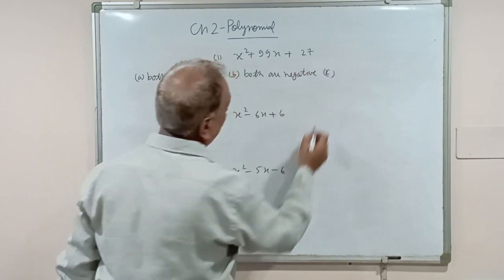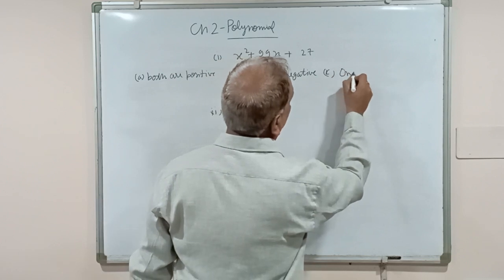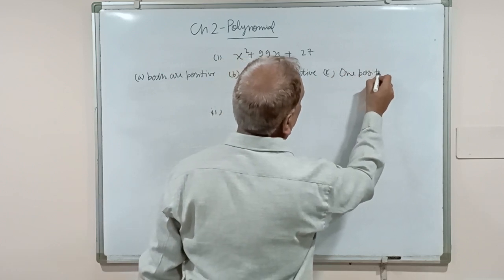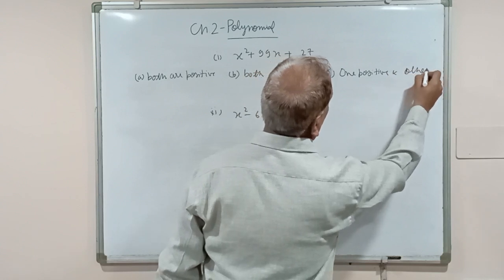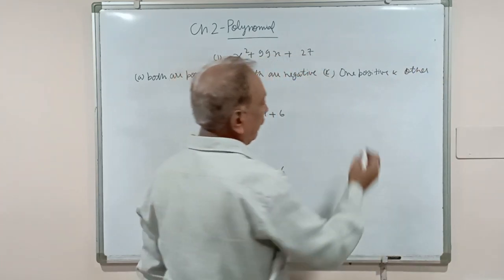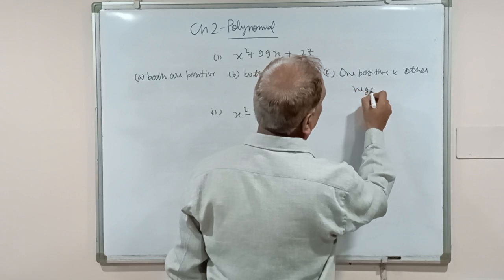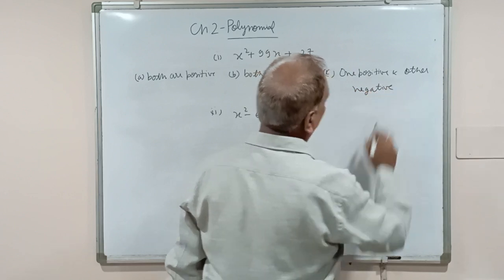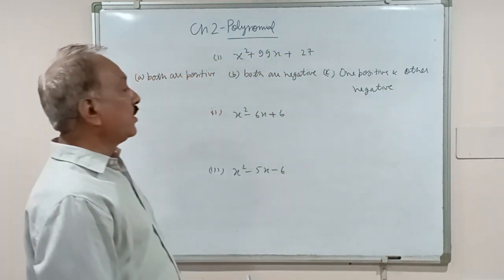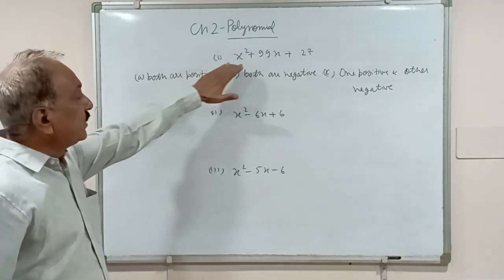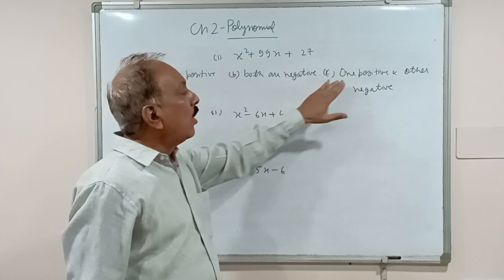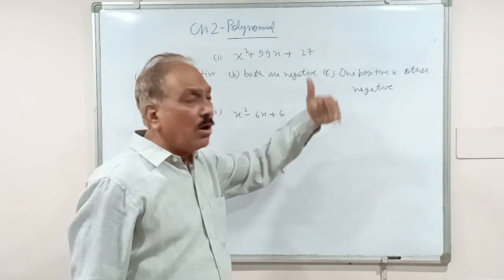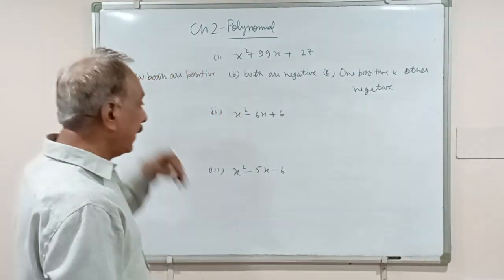And C option, one positive and one negative. Without solution, you have to find its zeros: both positive, both negative, one positive and one negative, or none of these.